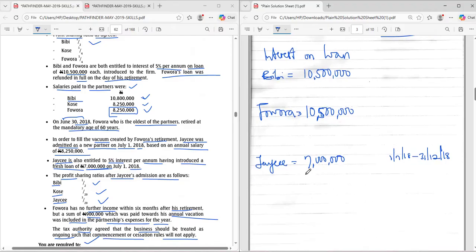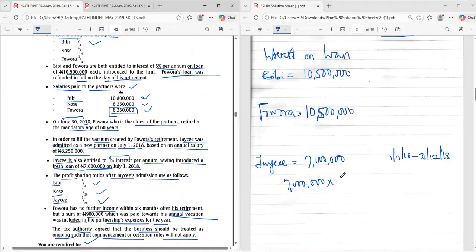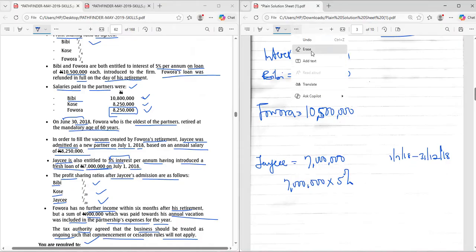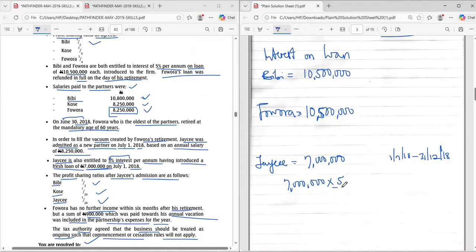So what we are going to do is to say 7 million, we're calculating the interest, at 5%. So just say times 5 divided by 100, then times 6 divided by 12.